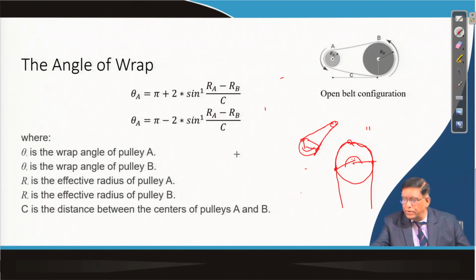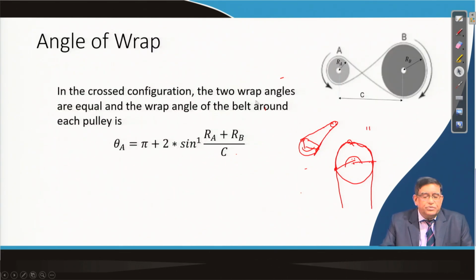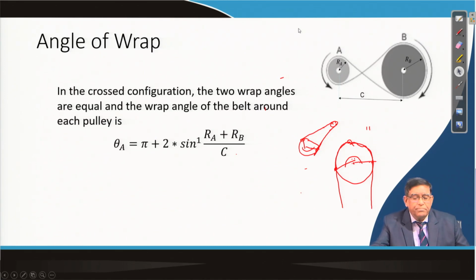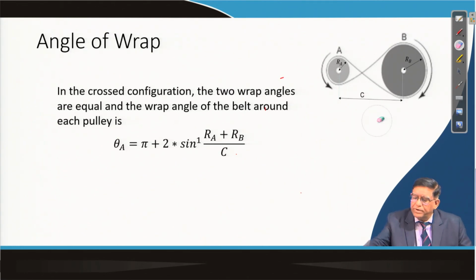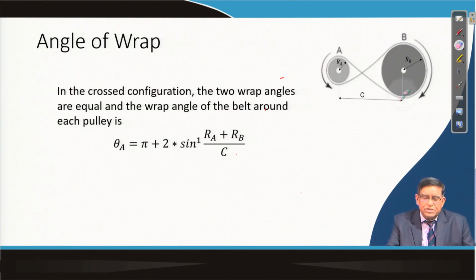One thing you need to know here is that the angle of wrap for a cross belt is the same for both pulleys, and it is calculated by this equation. In the smaller pulley also, you are increasing the angle of wrap by using this method.